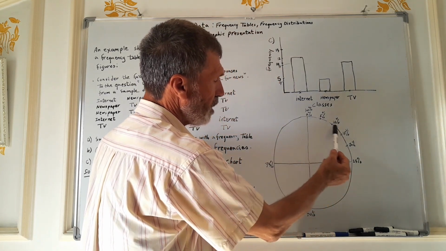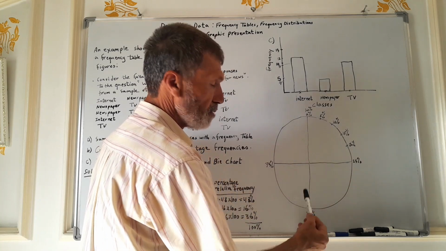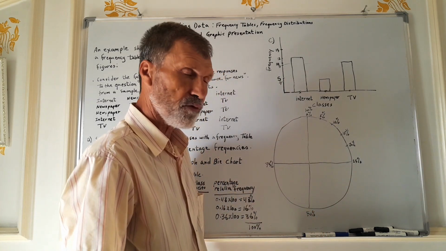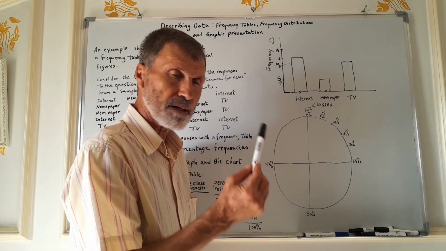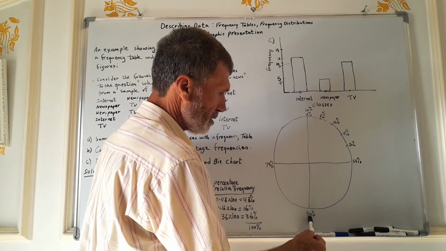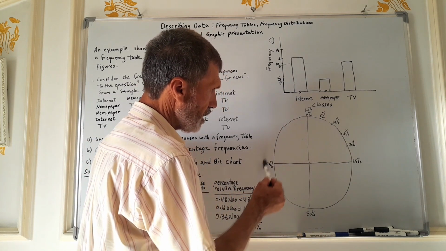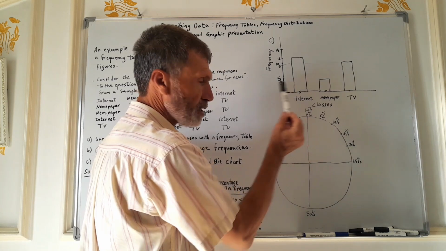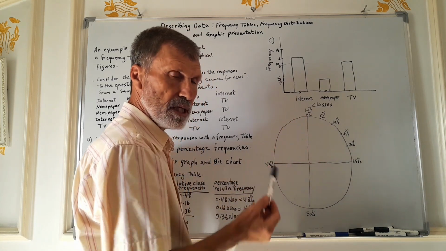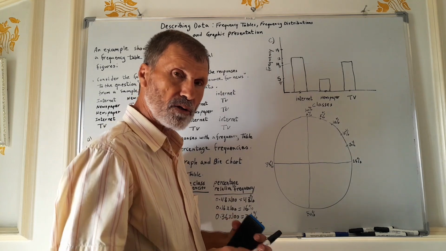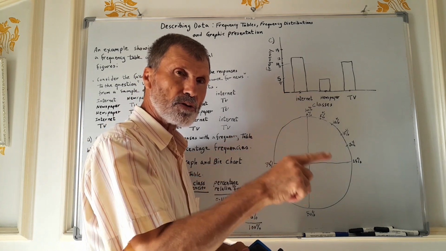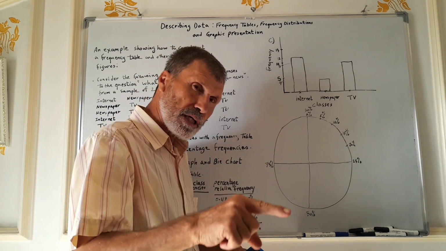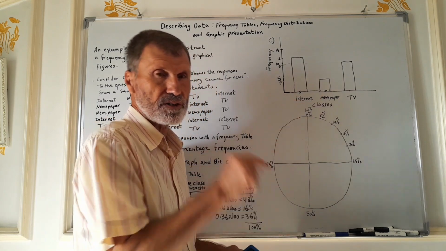This is 1/4 of the circle because the circle consists of 100%. So this is 50%, this is 75%, and this is 100%, or 0.